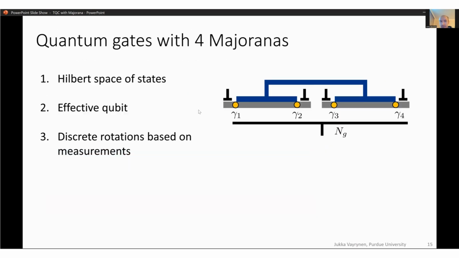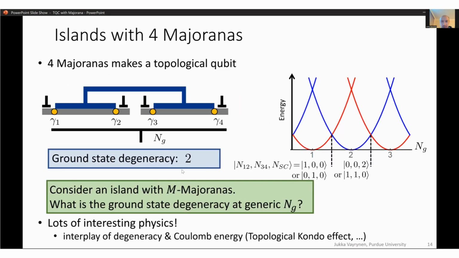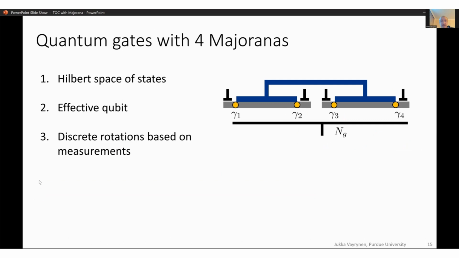So the next step is to ask what we can do with 4 Majoranas. And by the way, regarding this question, I'm giving a talk, I believe, on Friday, so I'll give the answer then. Okay, so what can we do with these 4 Majoranas?